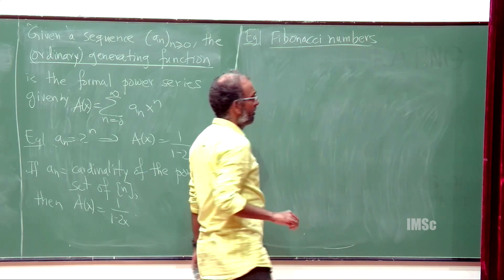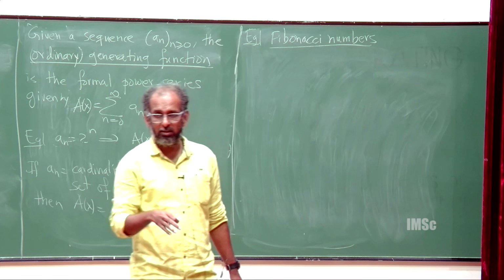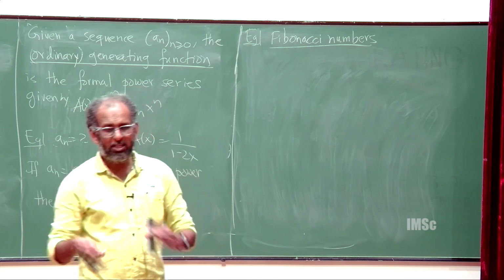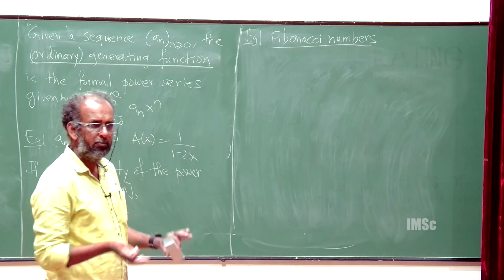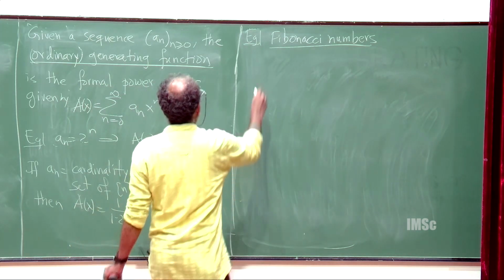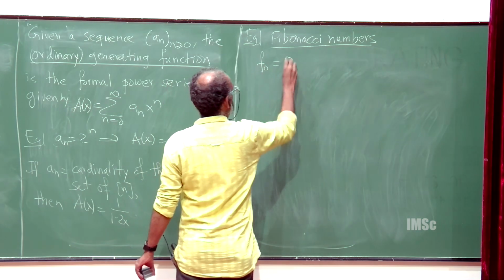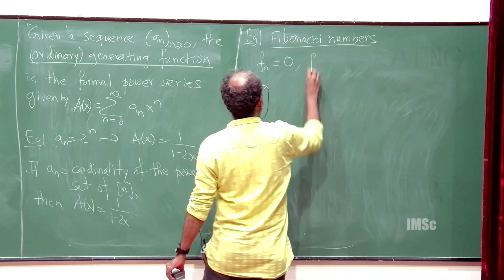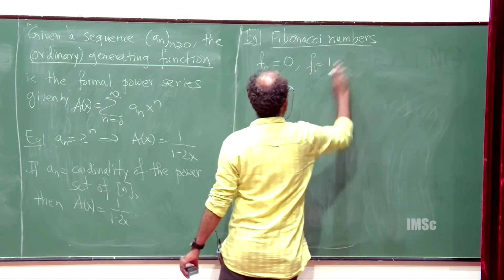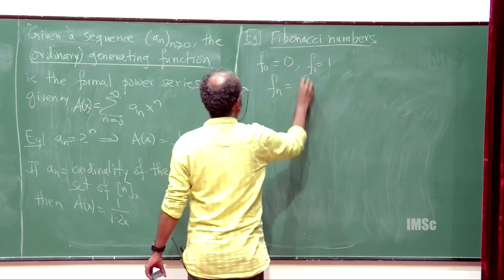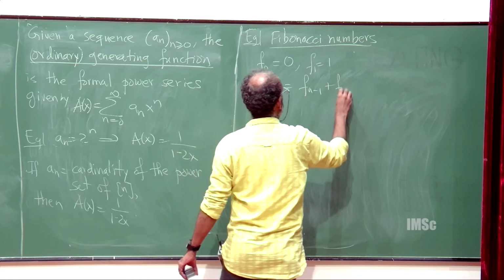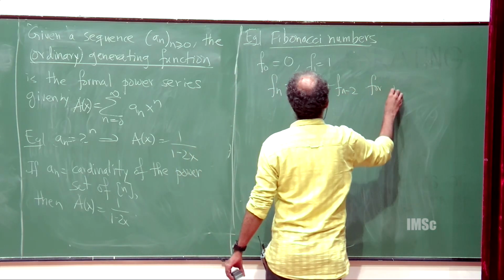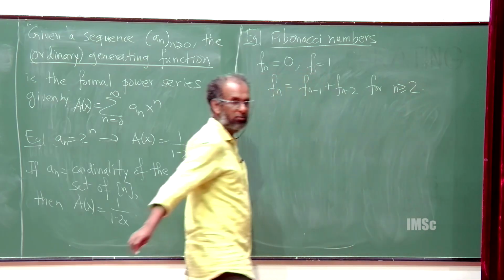There are many conventions for the Fibonacci numbers, but we will follow the following convention: f_0 equal to 0, f_1 equal to 1, and of course f_n is f_{n-1} plus f_{n-2} for n greater than or equal to 2.